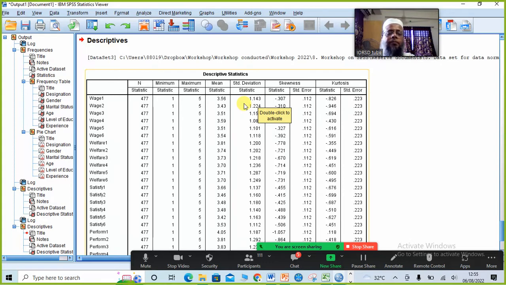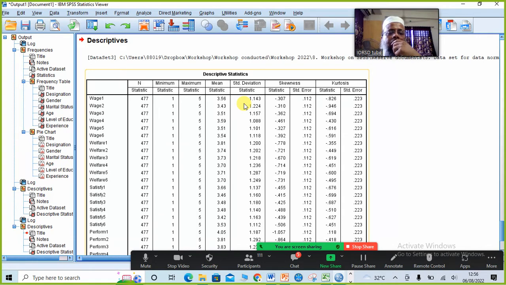Well, doctor, I got your message. I will explain it a little elaborately. For this variable, we got a mean value of 3.56 and a standard deviation of 1.143. It means that our overall data is between 2.4 and 4.7, because we subtract 1.143 from 3.56 and add 1.143 to 3.56.